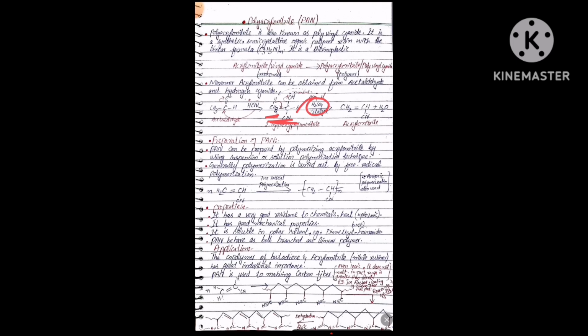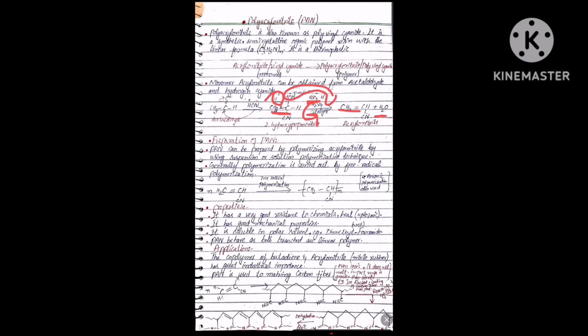The negative part of this H2SO4, HSO4 negative, will grab the proton, and the bond will shift between these two carbons and a double bond appears. When HSO4 negative grabs this proton, it restores its position and converts into H2SO4, while the H plus positive part will grab this hydroxyl group and convert it into water like this.